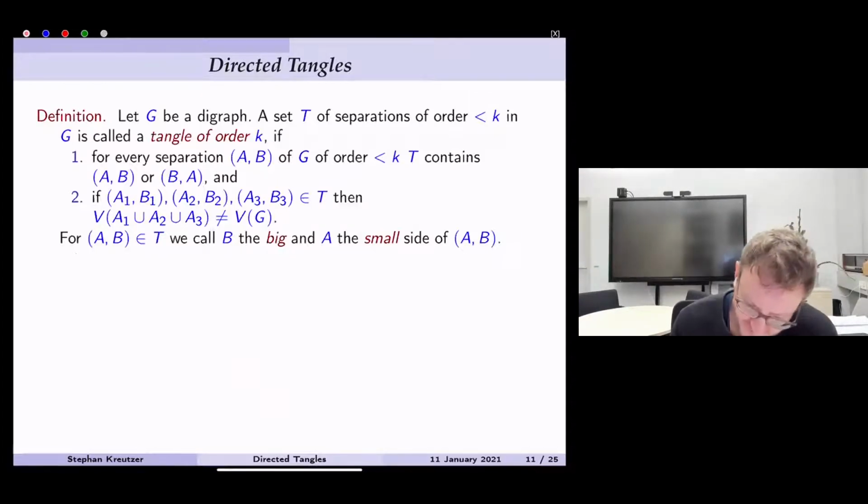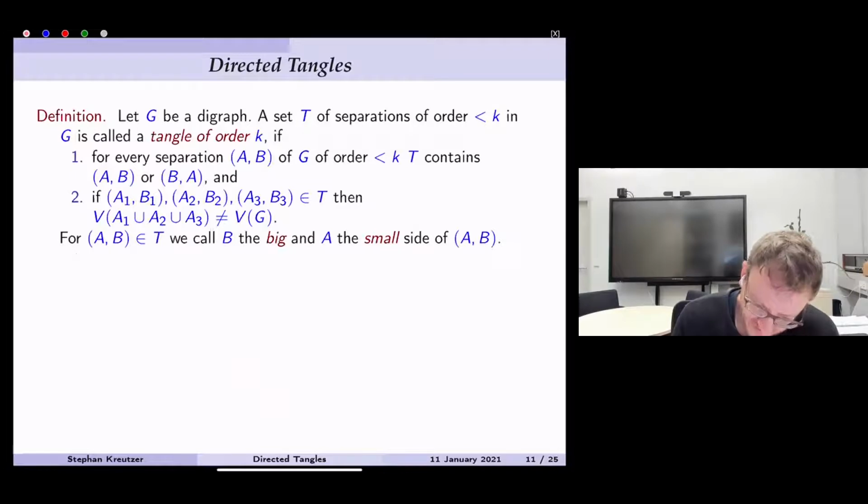If you have a directed graph, a tangle is just a set of separations of order less than k, so a tangle of order k, if you have two properties. One is, for every separation (A,B) of G of order less than k, one of the two orientations would be in your tangle.